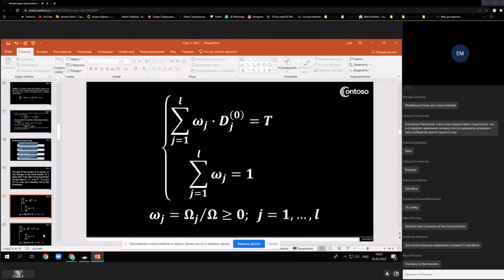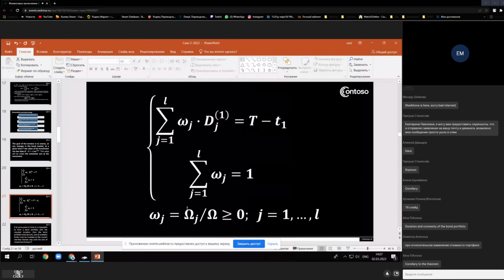Let us suppose at time moment T1, the rates change. Your time horizon will move to the next step. You will calculate the new weighted duration. The sum of the weights also will be equal to 1, but here will be new weights. And applying this idea, you will form a new portfolio. You will recalculate the old portfolio to the new one. You will make the reallocation of the assets.